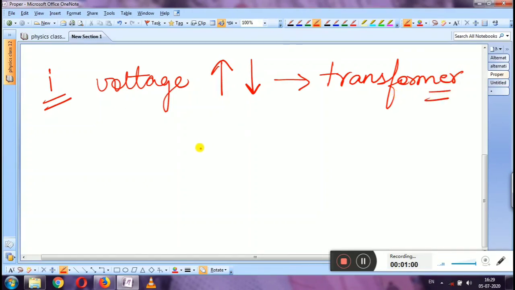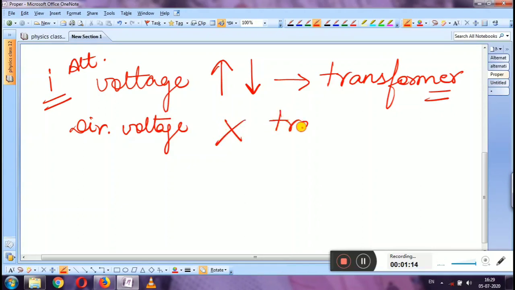This is our first advantage. While this is for alternating voltage, right? While direct current and direct voltage cannot use transformer. This is the first advantage.